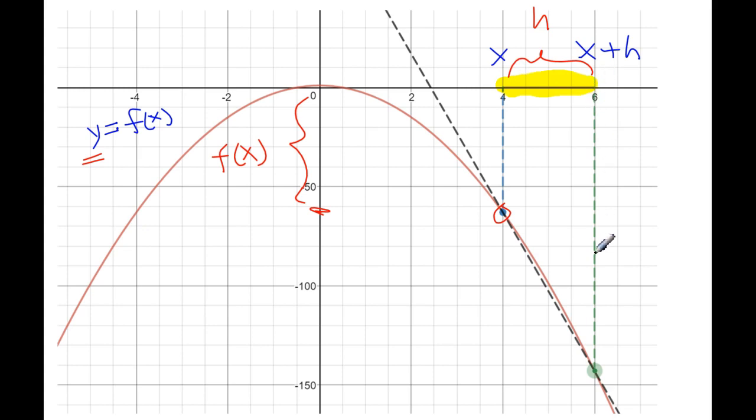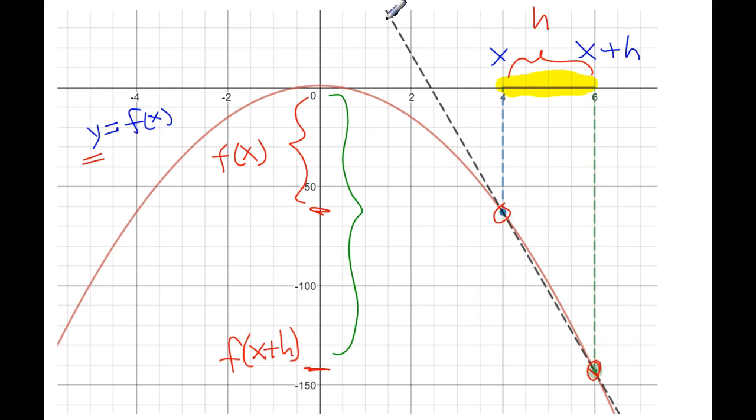I plug this number into the function and I get this coordinate out, which corresponds to f of x plus h, which again would be this guy right here, that y coordinate. So x plus h, f of x plus h.